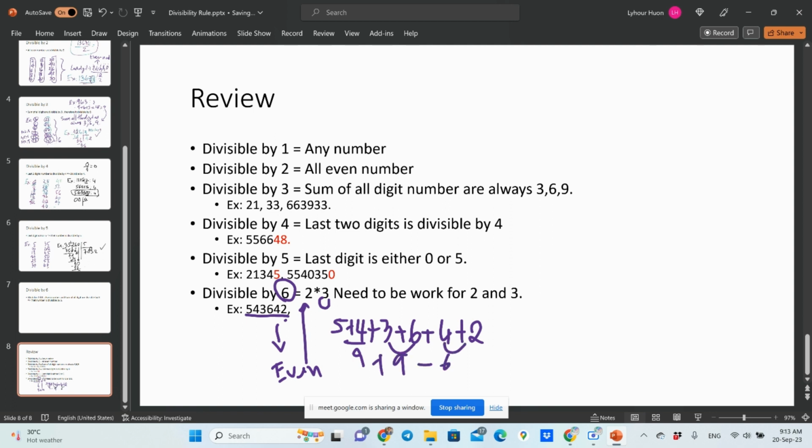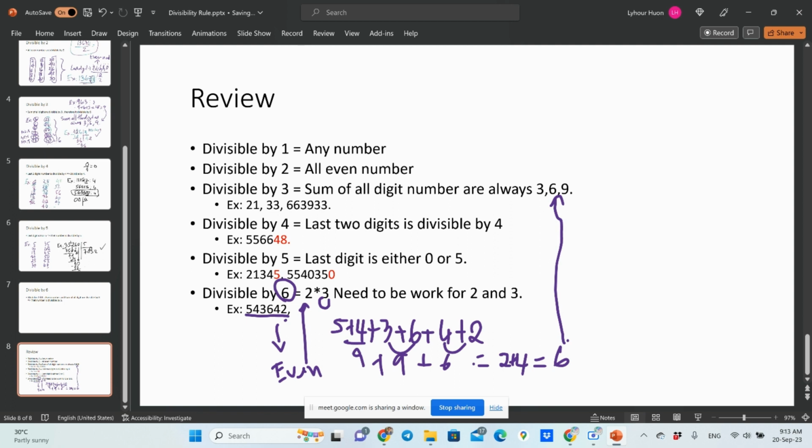So 9 plus 9 plus 6 is equal to 18. 18 plus 6 equals 24, and 2 plus 4 is 6. Yes.